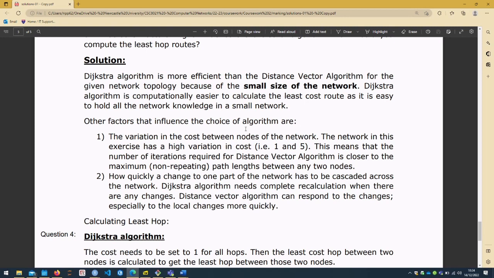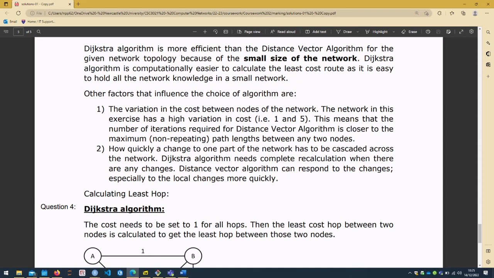So if you work in a very volatile network, then the distance vector algorithm might be a preferable solution, exactly, because it tracks local changes more quickly and doesn't need to update the entire table at once.